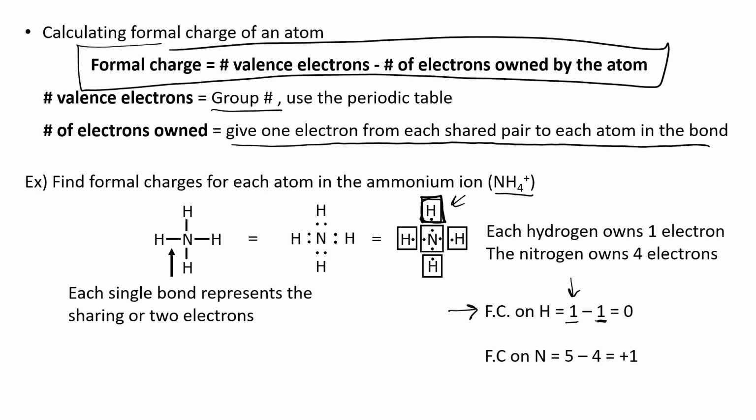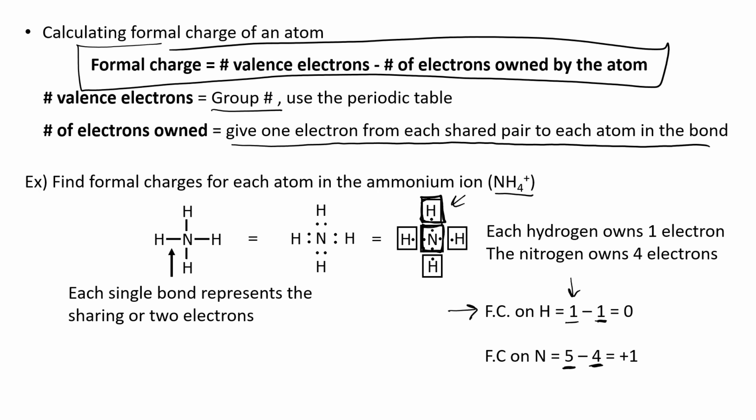For nitrogen, we take our group number, 5, and now let's look. Nitrogen had 4 bonds, so if we give 1 of the electrons from each of those bonds to nitrogen, we see that nitrogen owns 4 electrons. The formal charge on nitrogen is 5 minus 4 equals a plus 1.